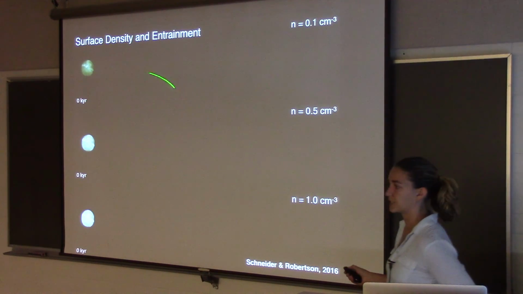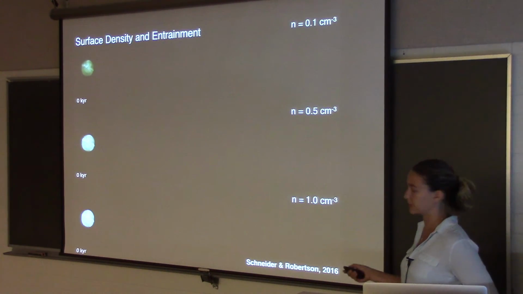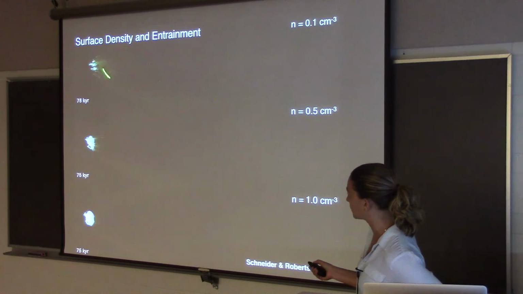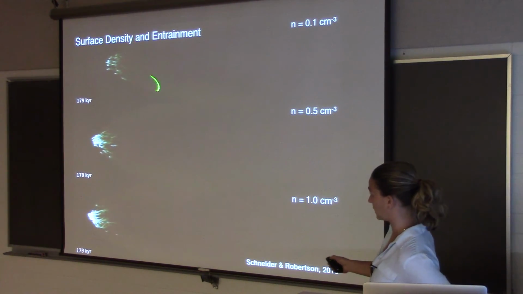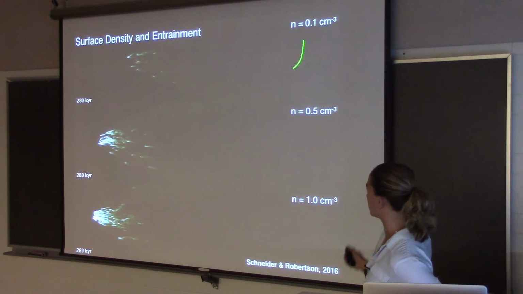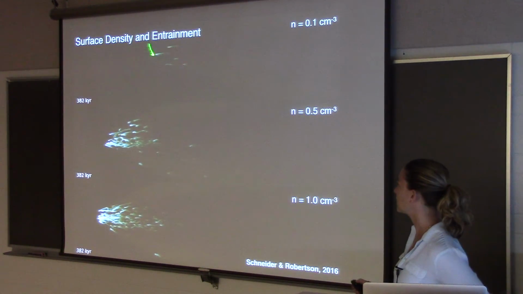And some of it just heats enough that it's never able to cool, and then that gas gets very quickly incorporated into the hot wind. You can see the reddish orange stuff, especially in this lowest density case. Most of the cloud is immediately incorporated into the hot wind. If we had lowered this density a bit further, then you probably wouldn't have even ended up with any of these cold clumps.